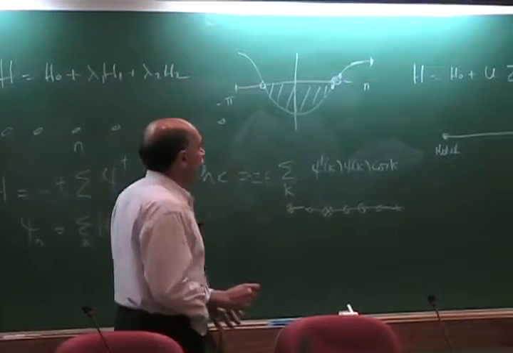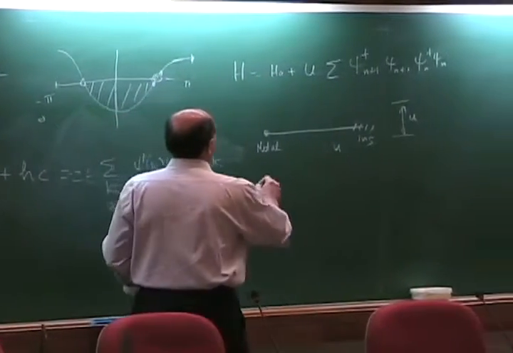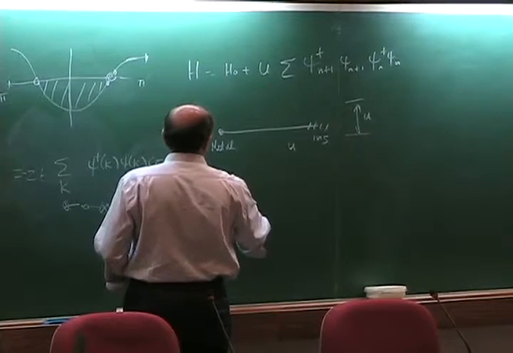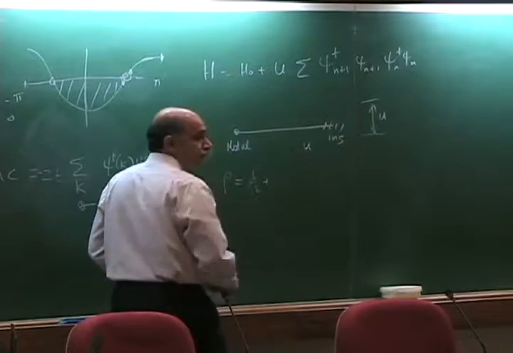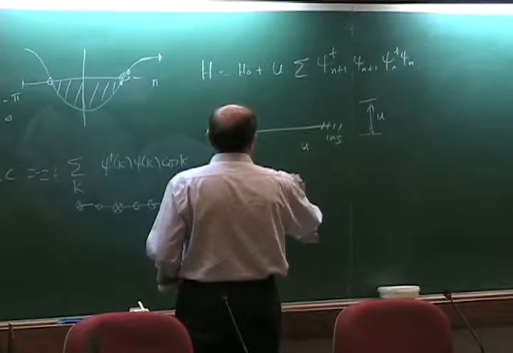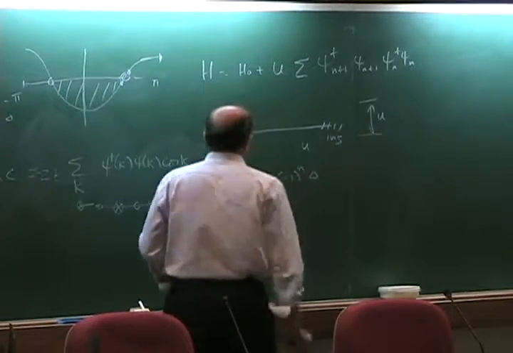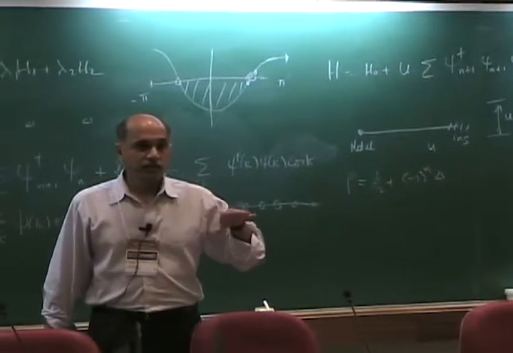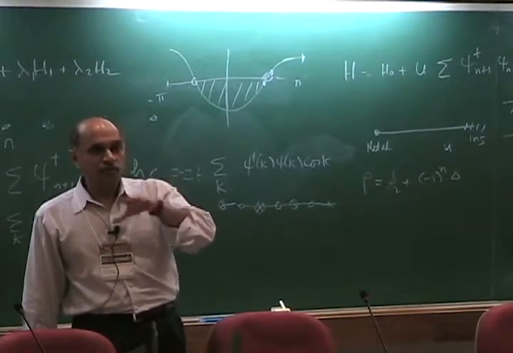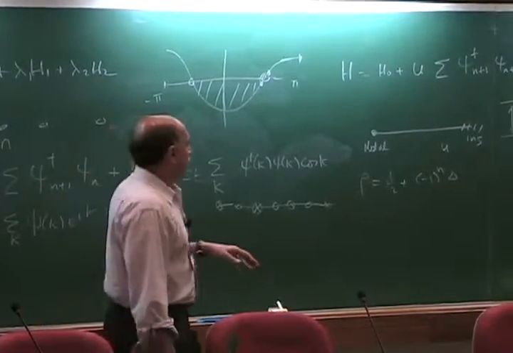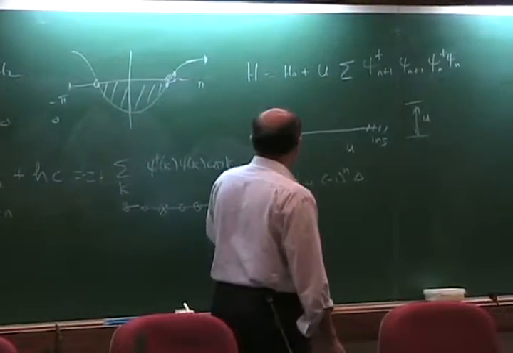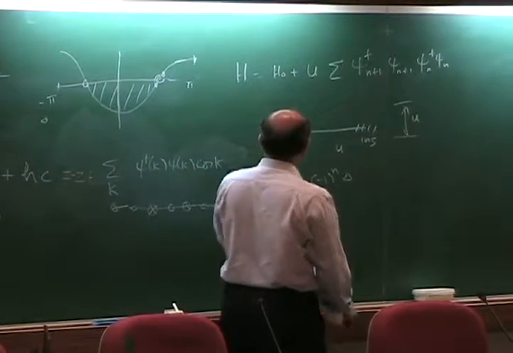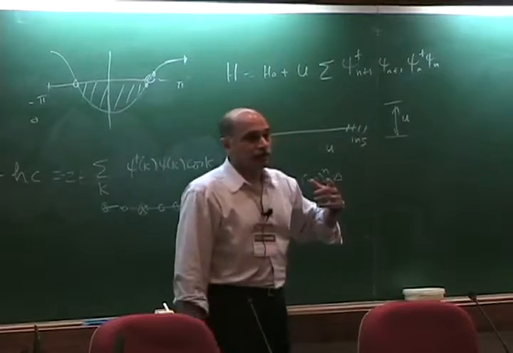For example, you may offer a ground state in which the charge density at any given site has some average value, which was 1/2 in our problem, and it alternates like this. That means half is the average, then it's more, less, more, less. It's alternating charge density. And you say, if I assume the density has this part, plus some quantum fluctuations, you can take an assumed form and put it in the Hamiltonian.